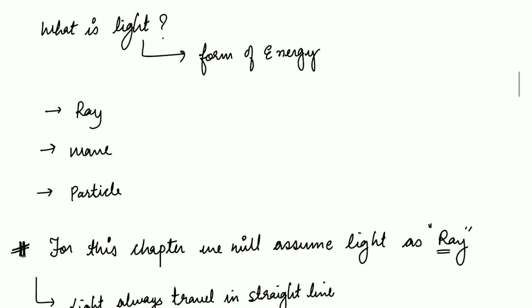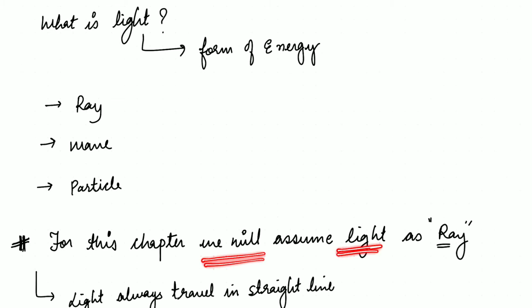All right, so for this chapter we will assume light as a ray. We will solve all our problems considering light to be a ray. Now there will be some parts where we will assume that light is a wave. At that time I'll tell you that we have to assume light to be a wave, right?